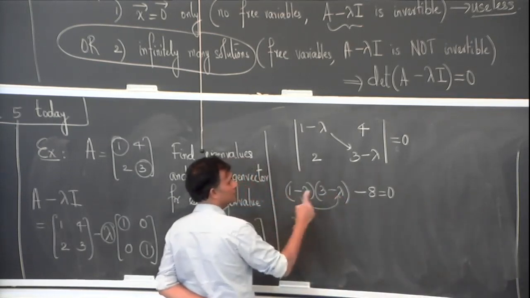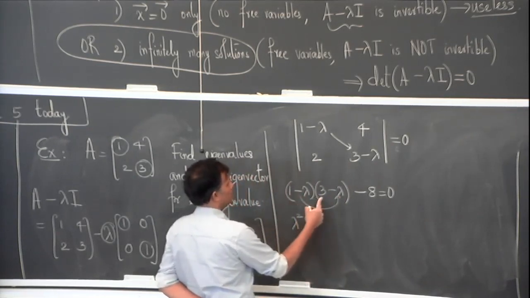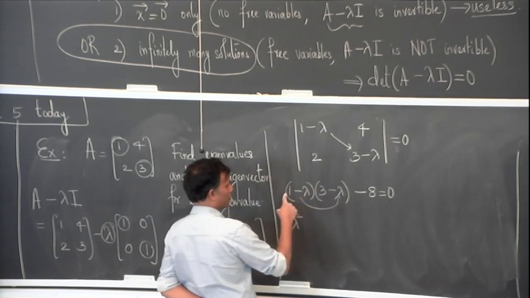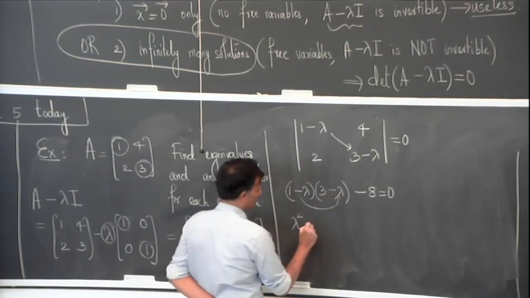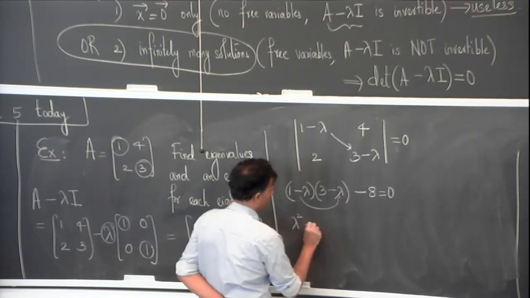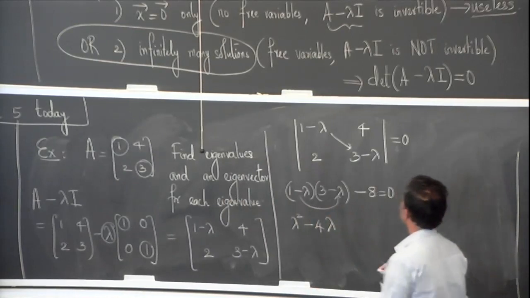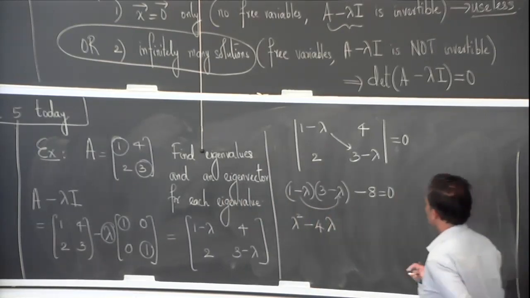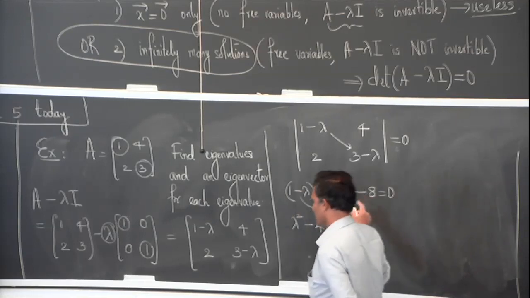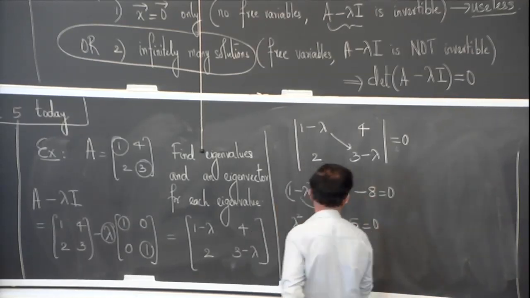Then you have minus 3 lambda minus lambda, which is minus 4 lambda. Then you have a plus 3 minus 8. Okay, that's going to be minus 5 equal to 0.